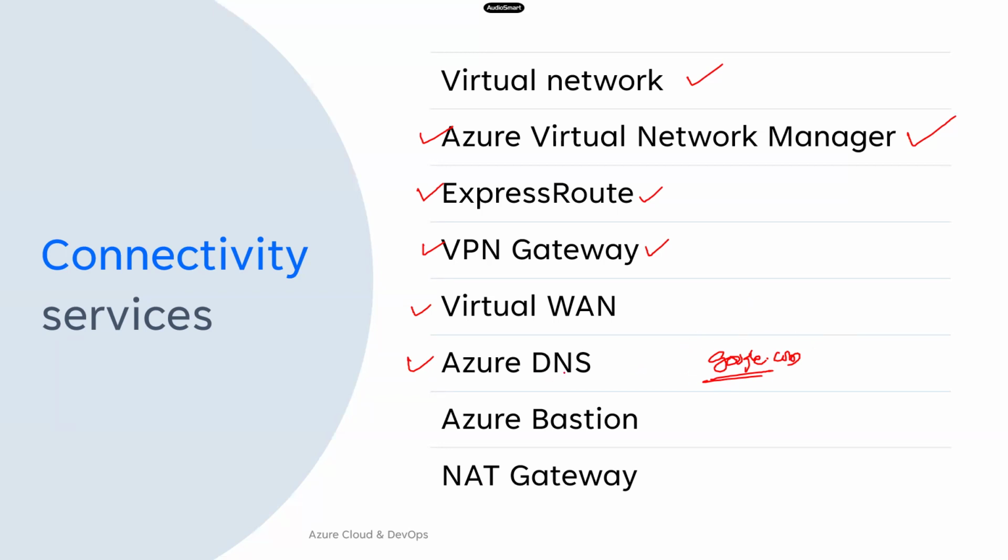But similarly, we have DNS in Azure, so that we can use the same capability as google.com. Normally, one IP will be associated with google.com, pointing to it, for example 192.96.1.